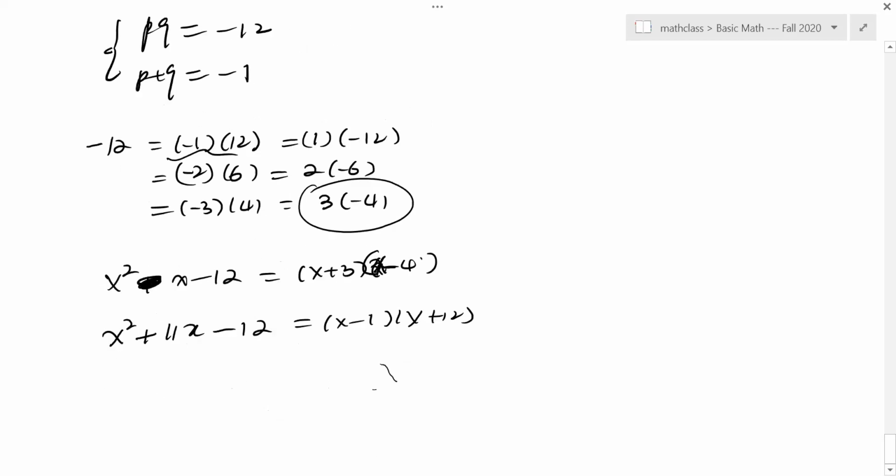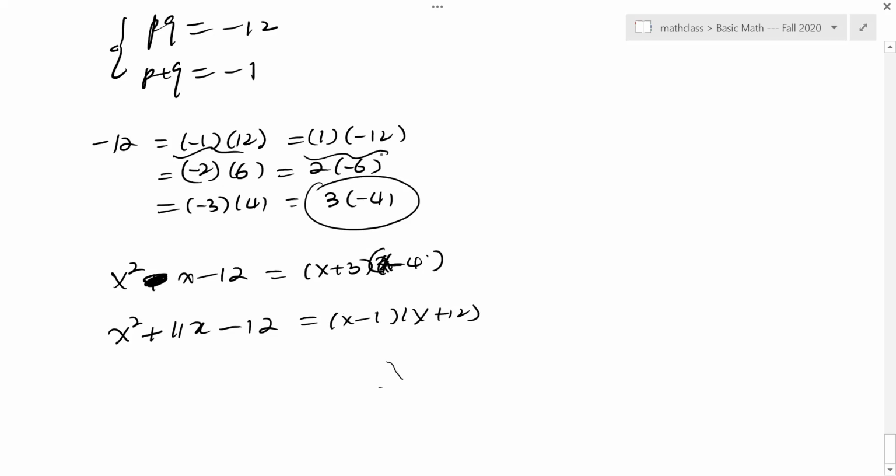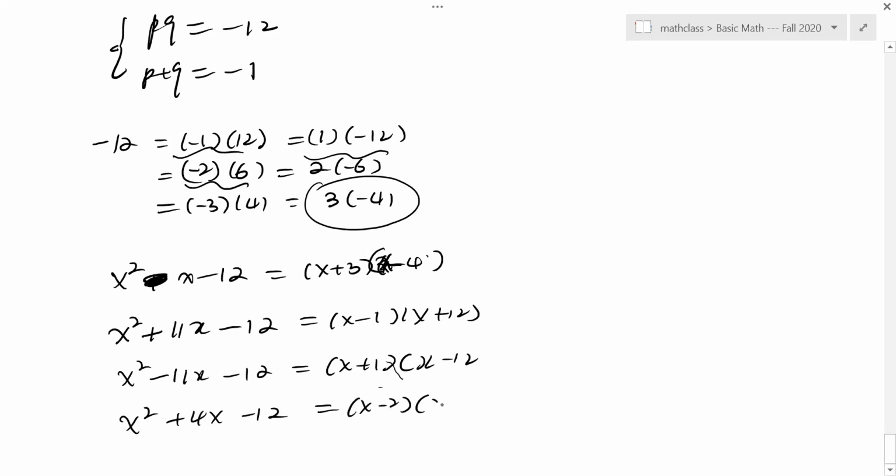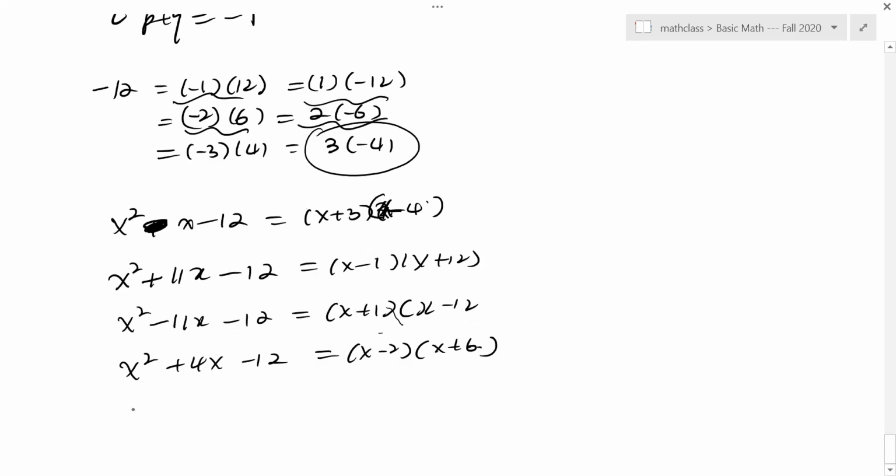All right, so you can create many examples and test yourself. If you use this pair and add them together, you get plus 4x: x squared plus 4x minus 12 is (x minus 2)(x plus 6).